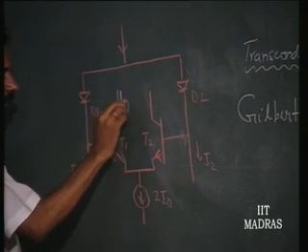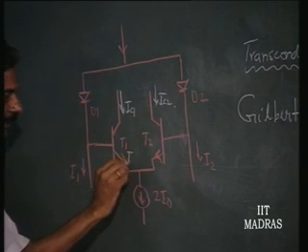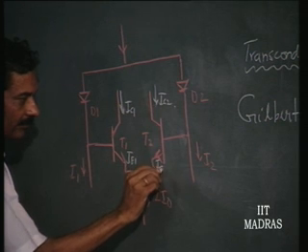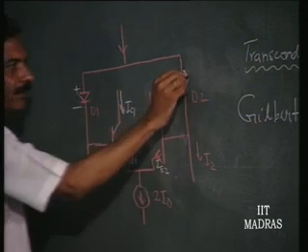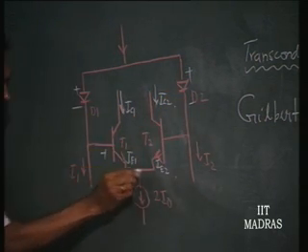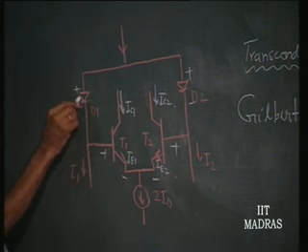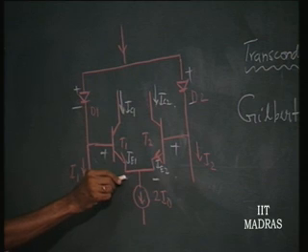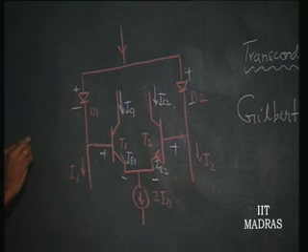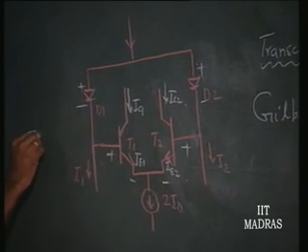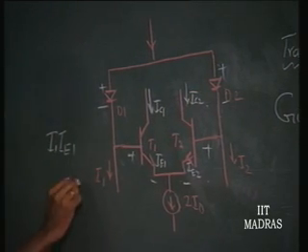The currents I C 1 and I C 2, or for that matter I E 1 and I E 2, will be related to I 1 and I 2 in the following manner because of the translinear principle. What does it say? We go through the currents; now this and this will add, and these two are getting subtracted. So, I 1 into I E 1 equals I 2 into I E 2.